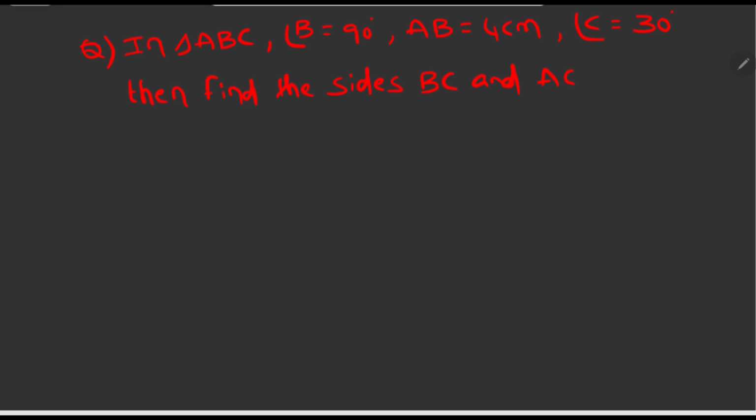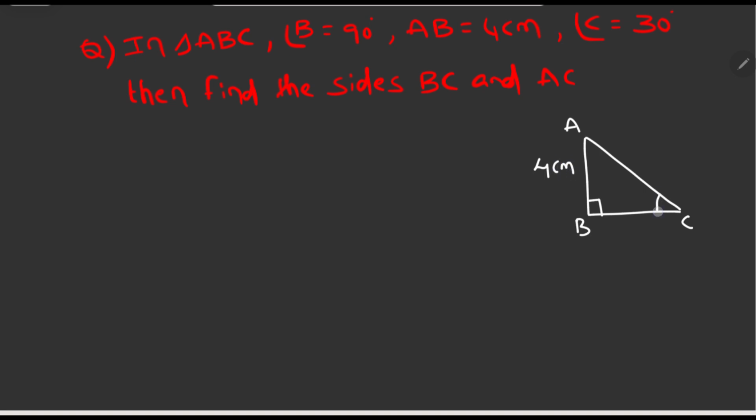Now we are going to solve another problem in the same model. So in triangle ABC, angle B is equal to 90. So at B we are having 90. What is the AB value there? AB is 4 centimeter.